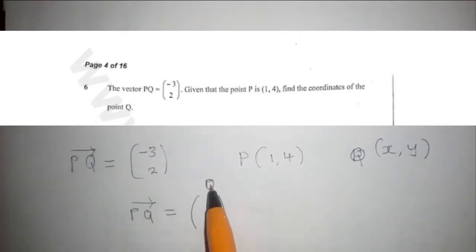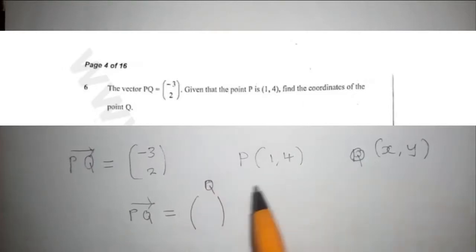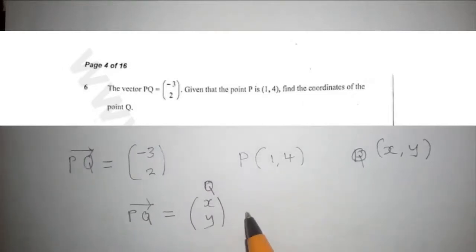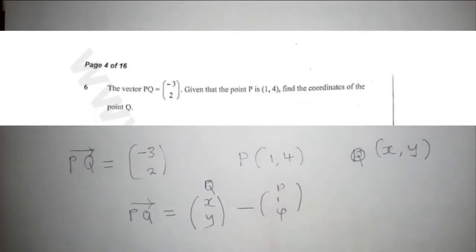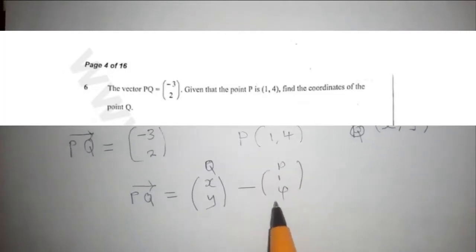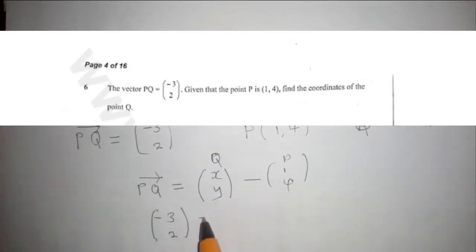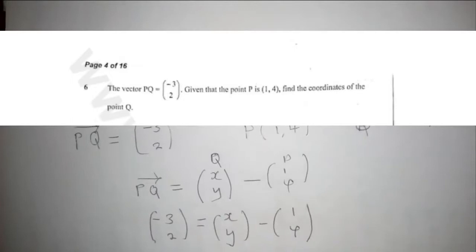So point Q, which is X, Y, minus point P, 1, 4. Since we have been given an answer, we can write the answer here, which is negative 3, 2 is equal to X, Y minus 1, 4.